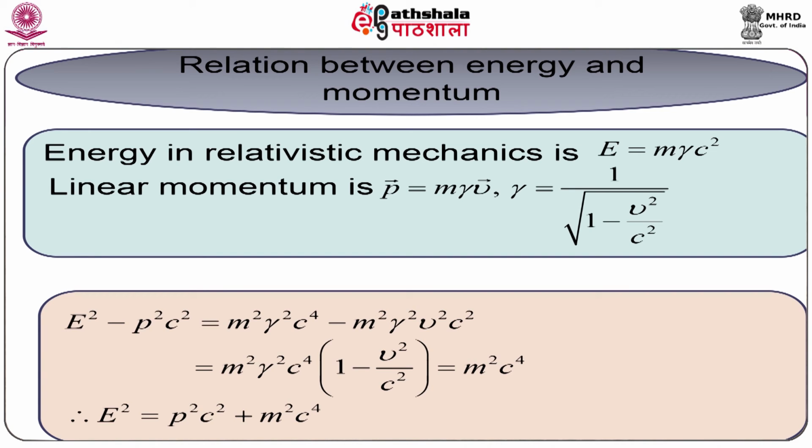Putting the value of gamma, we get E square minus p square c square is equal to m square c to the power 4. Thus, shifting this term to the right hand side, we get capital E square equal to p square c square plus m square c to the power 4.